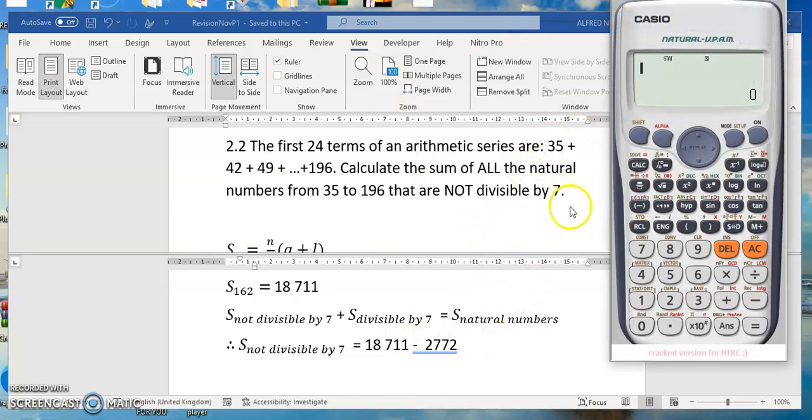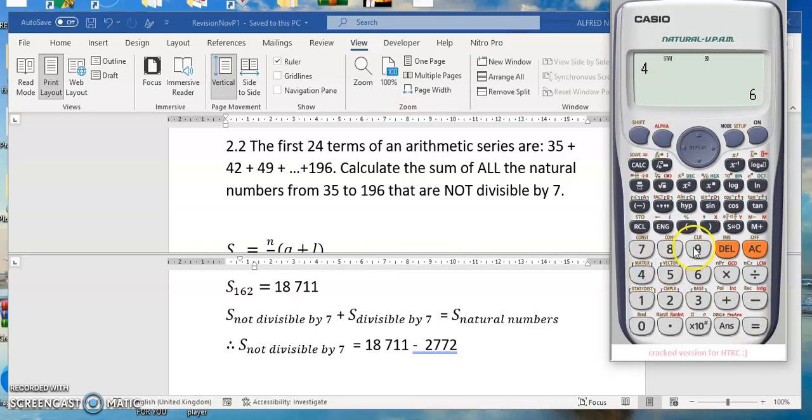Now let's check the first one. 35 divided by 7 without a remainder, 5. Let's check the second one. 42 divided by 7 without a remainder, so it's divisible by 7.